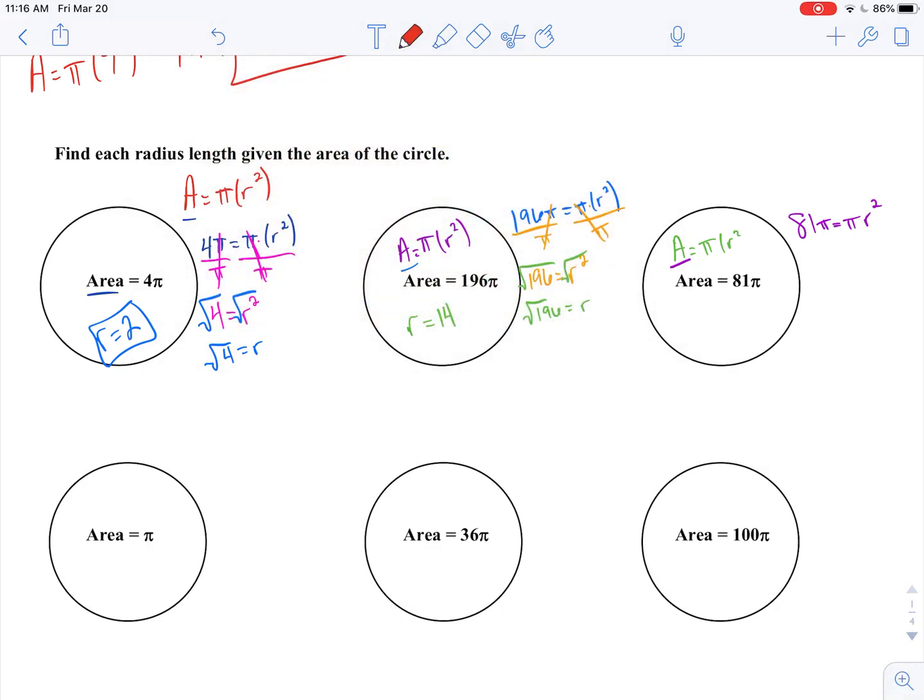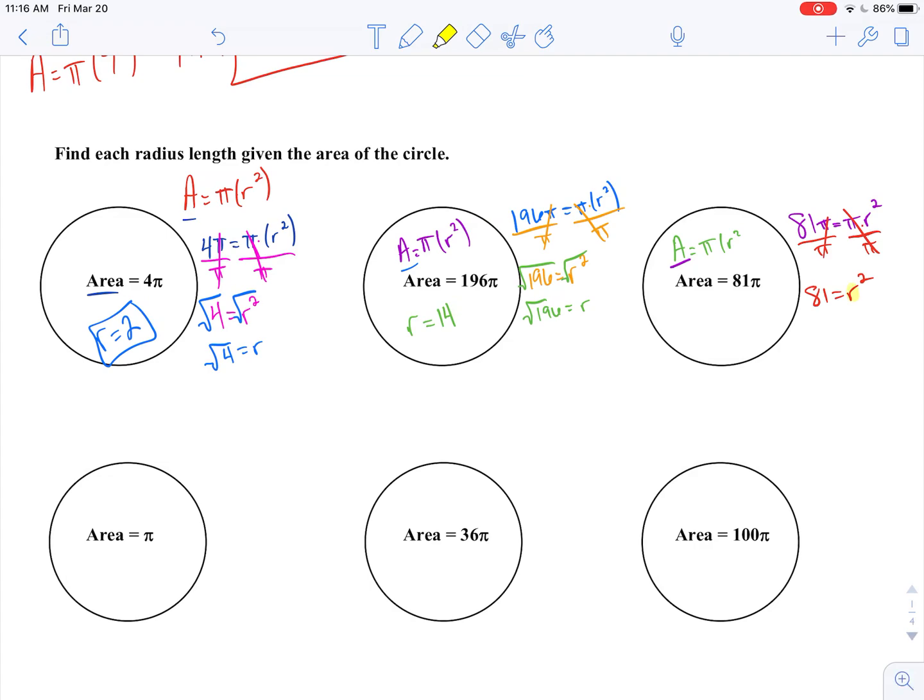And I want to get the r squared by itself. So what do I need to get rid of? What needs to go away? Well, the pi's got to go away. And how do I get rid of multiplying by pi? What's the opposite of multiplying by pi? Well, that would be dividing by pi.